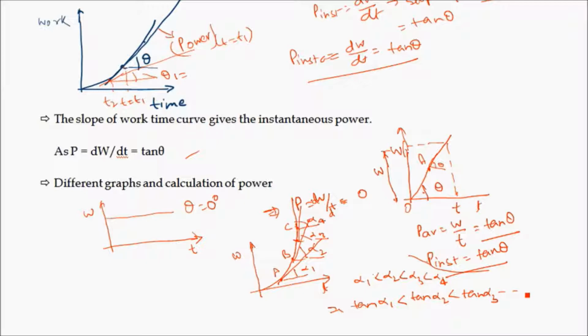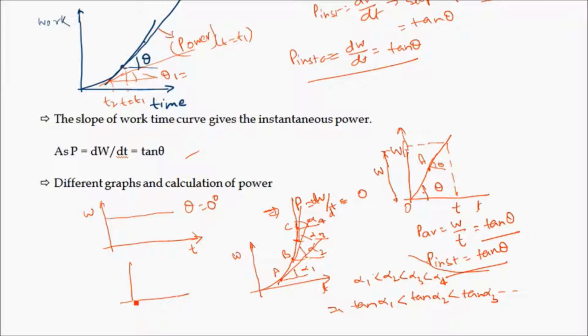The instantaneous power is the slope of the W-t curve, and the slope of the W-t curve here is increasing. As the power is increasing, we may infer that the force acting on the body is increasing.